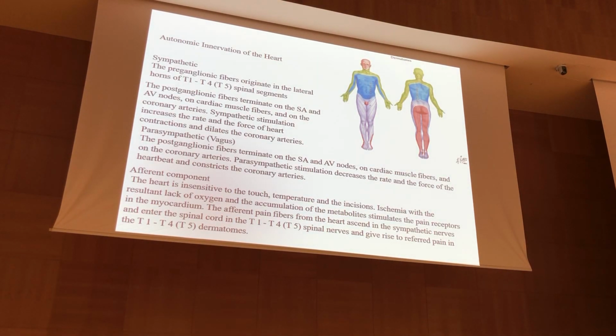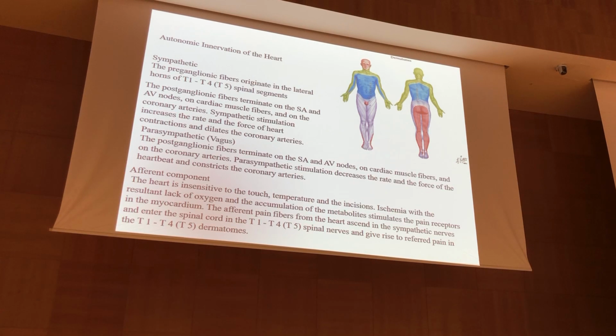Now, just a few words about this, and I don't know why Dr. Moni wanted me to stress it, but this is a physiology thing. The heart, like any viscera, is supplied by the autonomic nervous system, right? The autonomic nervous system supplies three structures: the heart, glands, and smooth muscles, right?